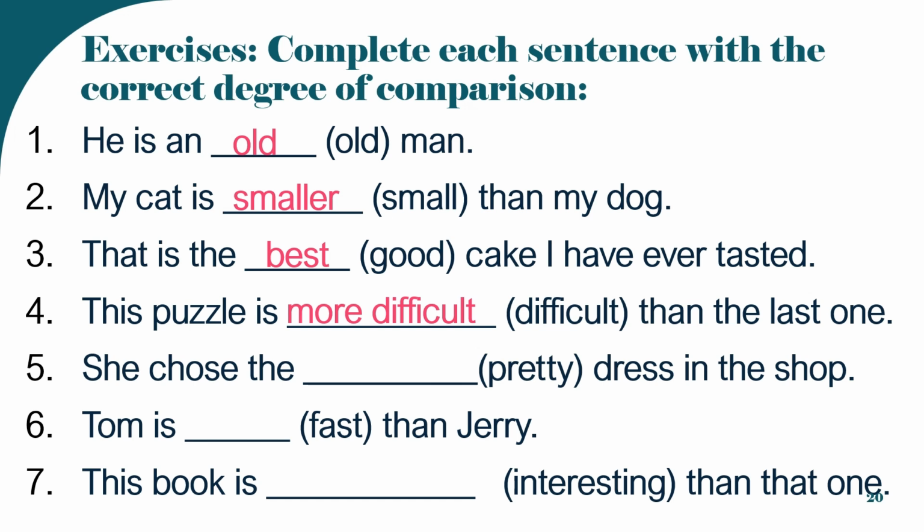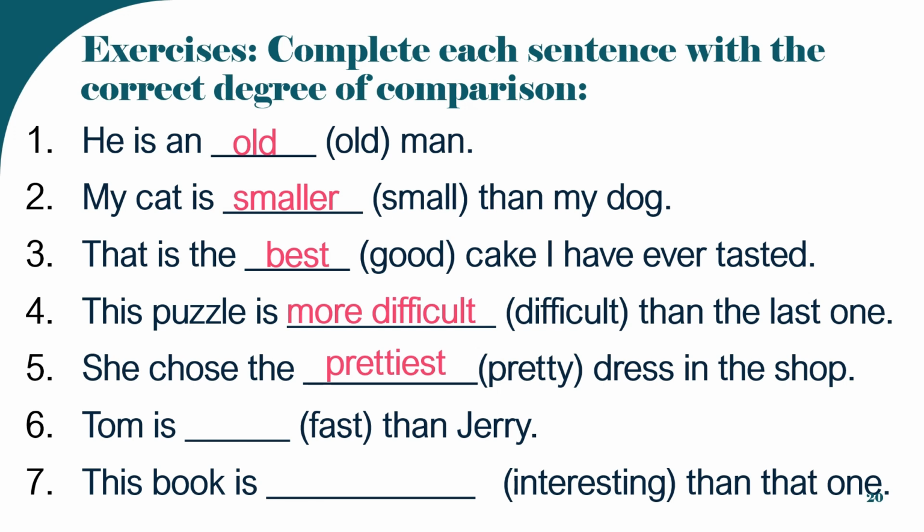In number five sentence, the dress she chose is compared with all the dresses in the shop. So the superlative form of the adjective, that is prettiest, will be used and the sentence will be she chose the prettiest dress in the shop. In number six sentence, two cartoon characters Tom and Jerry are compared.